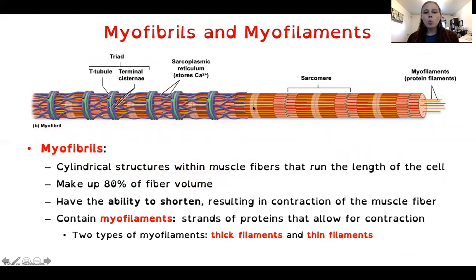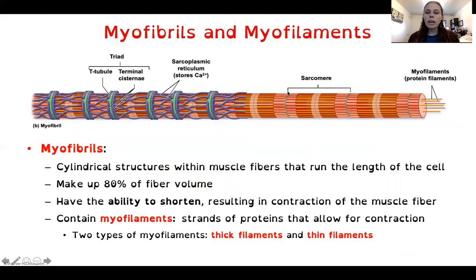When we look at just one myofibril, you can see that it's surrounded by the sarcoplasmic reticulum, as well as contacted by these T-tubules. It's a cylindrical structure made by myofilaments, which are strands of proteins. Of these proteins of the myofilaments, there are two kinds: thick and thin filaments.